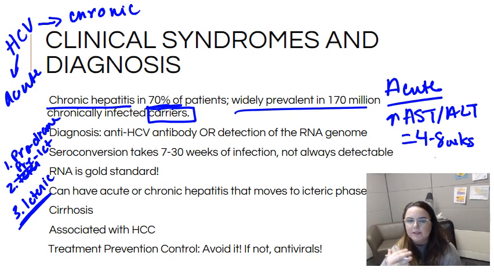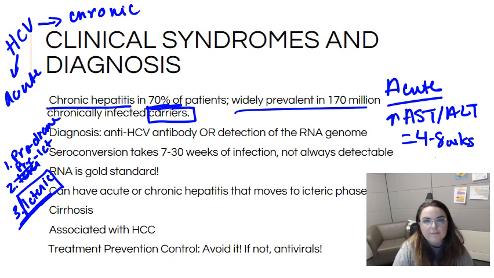That kind of makes me think acute hepatitis. The peak of transaminitis is usually during the time of jaundice, so during that icteric phase. And jaundice is usually evident once bilirubin levels reach about 2.5 milligrams per deciliter.